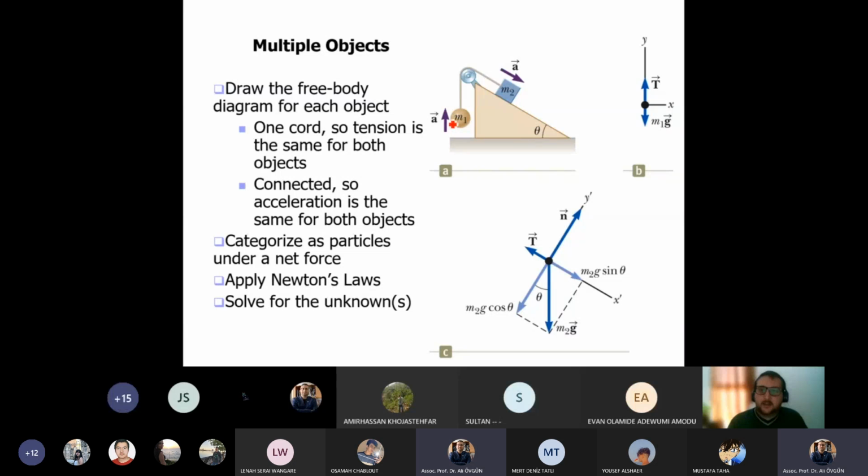If you look here, they are connected with the same rope. So the acceleration for M1 is in the upward direction, however the acceleration for M2 is downward. But as a magnitude, they are the same, for example 10 meters per second squared, but the directions are different.